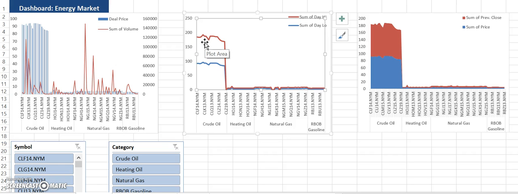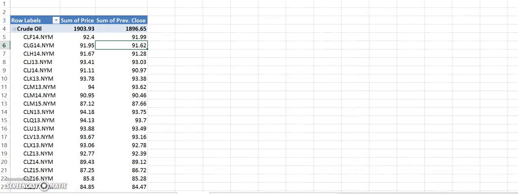In the third pivot table, this one, I keep tracking the price change between today's price and the previous closed price. I want to see the change of prices if I invest not on a daily basis but over a short period.